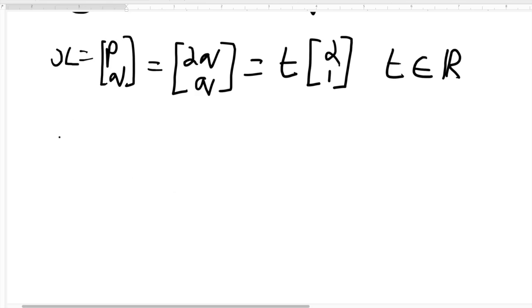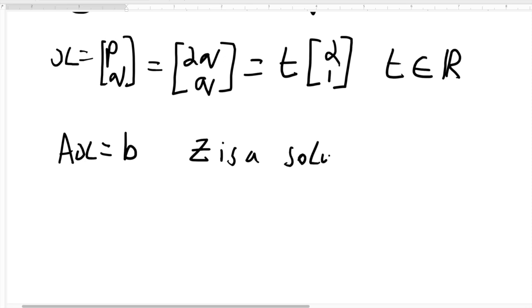So let's say I had the equation Ax is equal to b. And I know that for this equation, z is a solution. And by the way, we're just going to be using the same A as before, so A is equal to 1, 2, minus 1, minus 2.